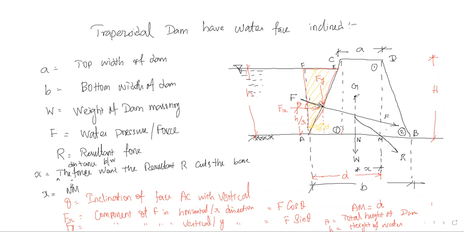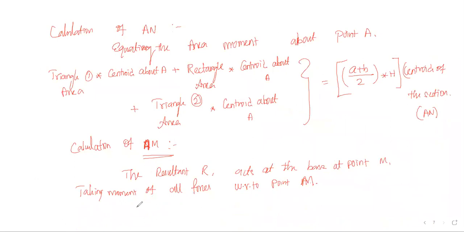Then W into NM, that is nothing but X, which is the centroid of the triangle. Fx is acting like this and h by 3 acts like this, so the moment becomes clockwise.